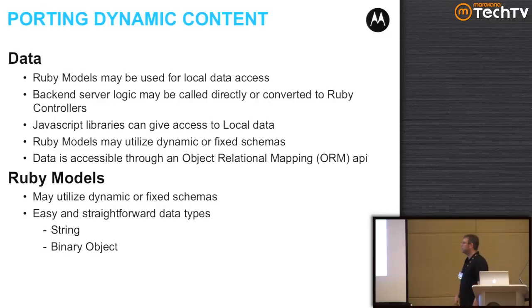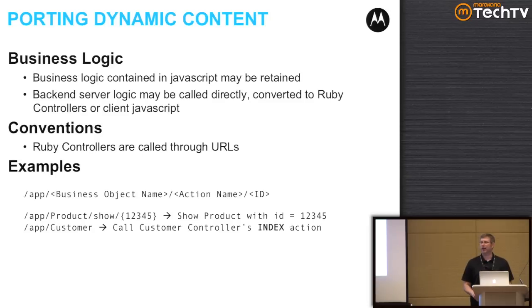The Ruby models themselves, as I said, are pretty easy and straightforward. They support two types of data: string or binary objects. So you don't have to worry about all of the data types that you may need to be defining and mapping and supporting.